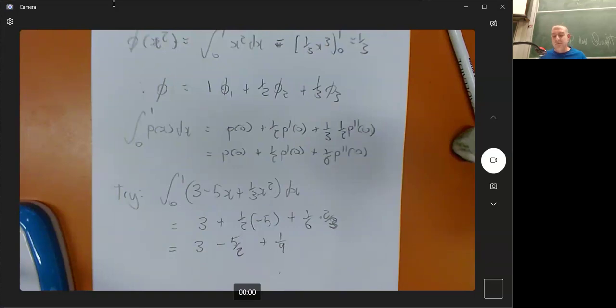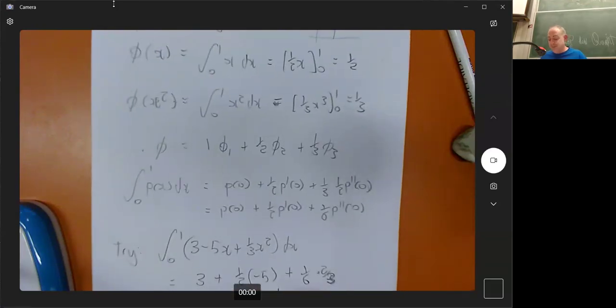Anyway, that's some fun stuff. I think we've sucked all the juice out of dual spaces. Any questions before I move on? Cool.